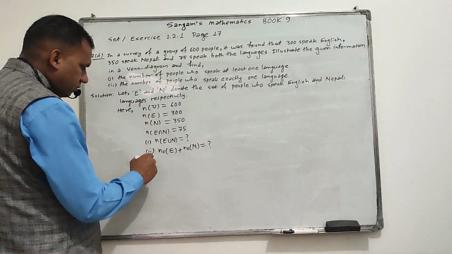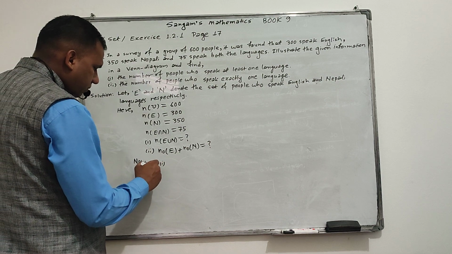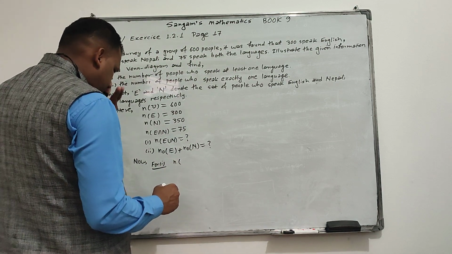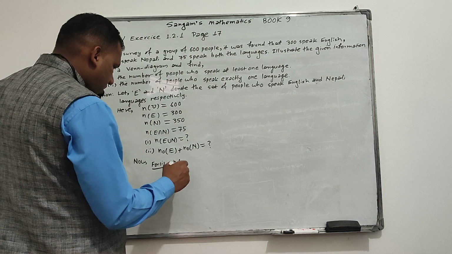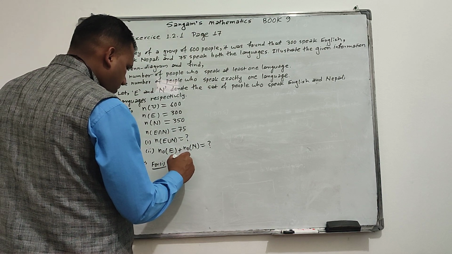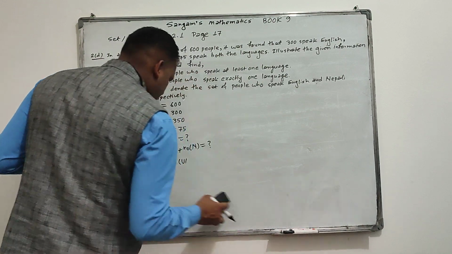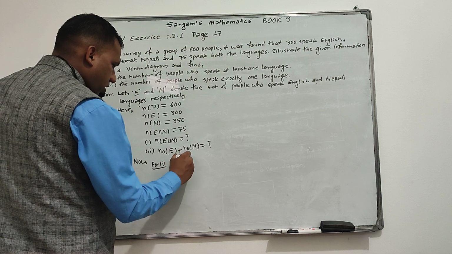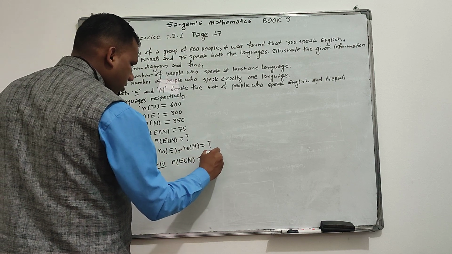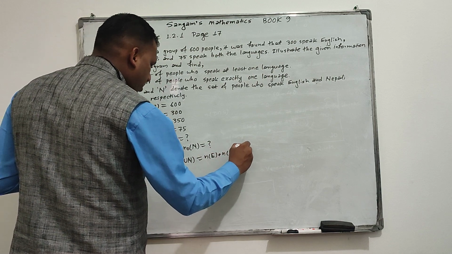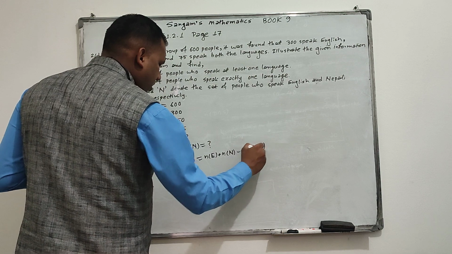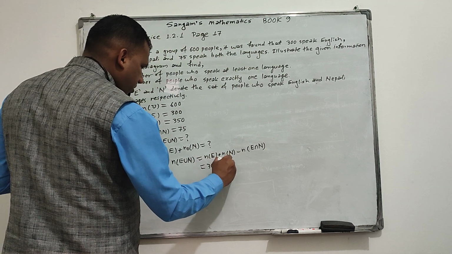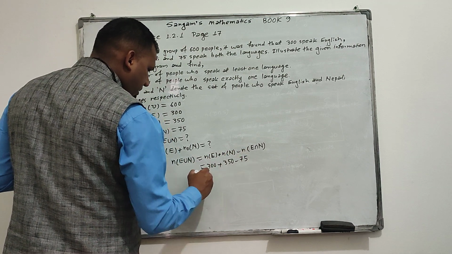Now, for 1, number of E union N. Using the formula, number of E union N equals number of E plus number of N minus number of E intersection N. That is 300 plus 350 minus 75.